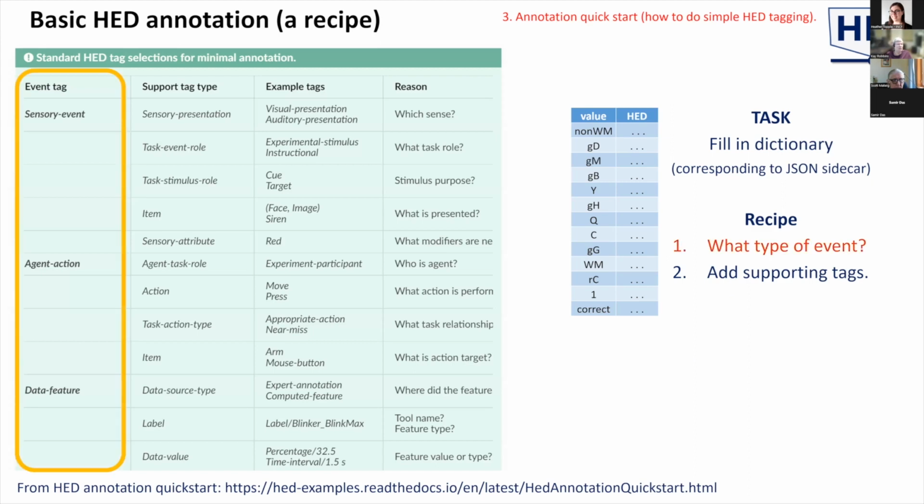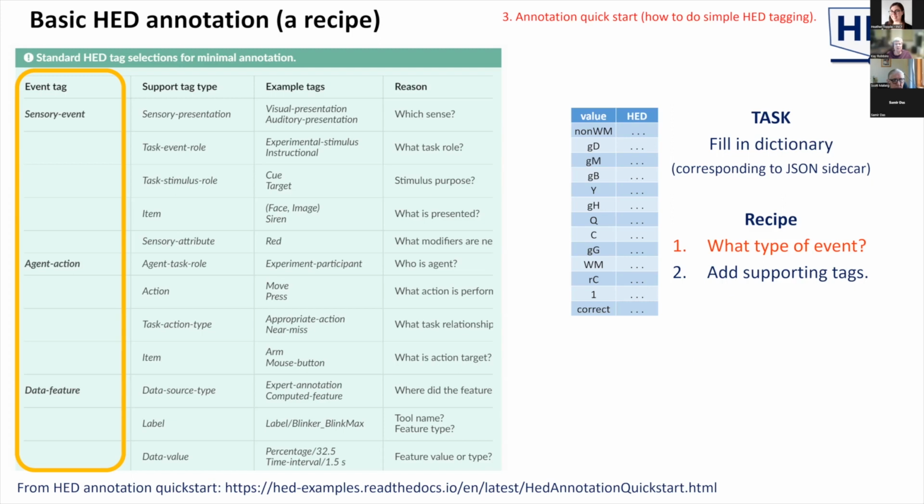So the first thing you do is you figure out what kind of event you have. And if you do no other annotation and you at least have what kind of event you have, you're providing something useful. So figuring out the kinds of events is probably the most important thing for downstream analysis. The second most important thing I'll just say right now is knowing what the experimental conditions are and being able to put those in, but we'll get to that a little later.